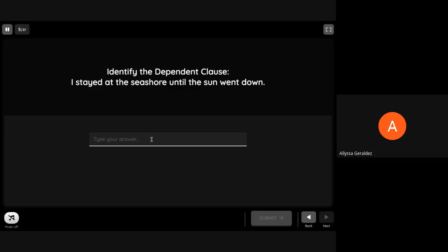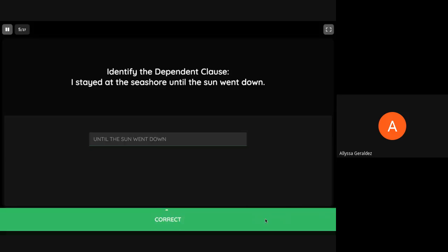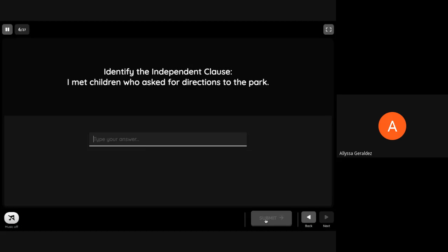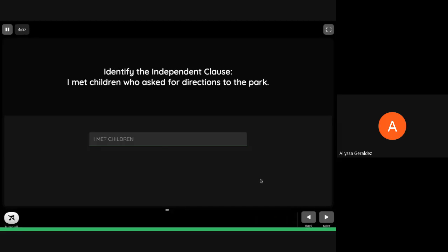Identify the dependent clause. Correct. I met children who asked for directions to the park. Identify the independent clause. Correct.